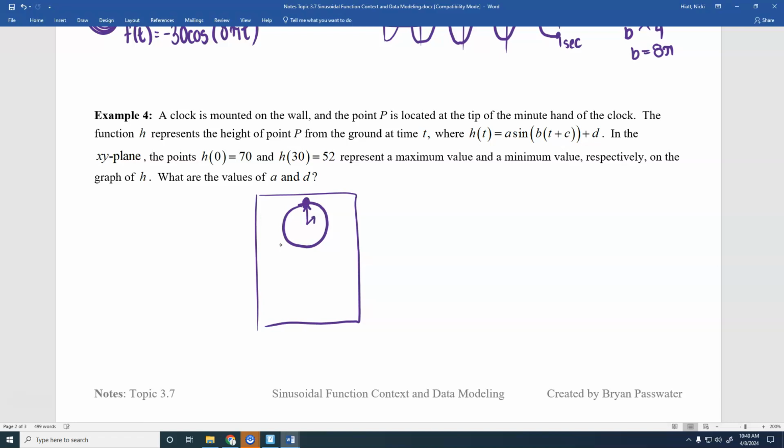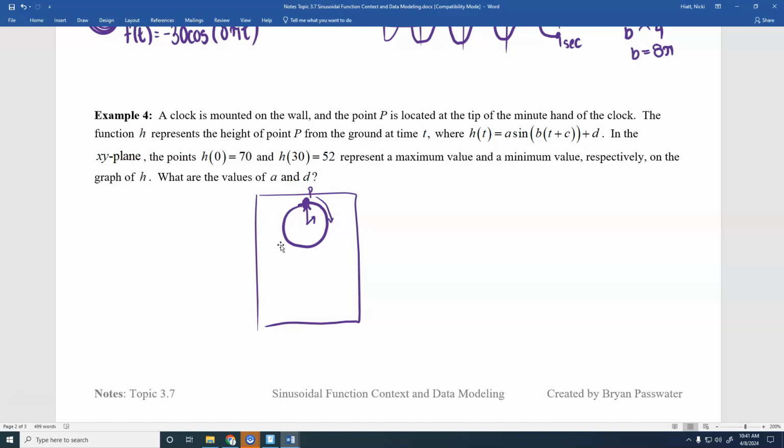And this point at the end of that minute hand is our P. What's going to happen is P is going to go around the graph in the clockwise direction, and it will give us our values here of the function.